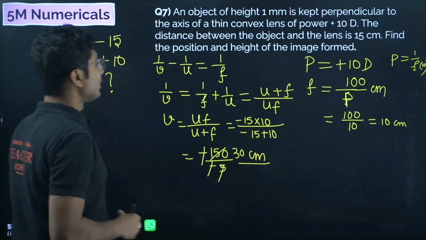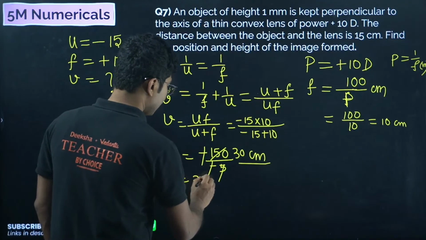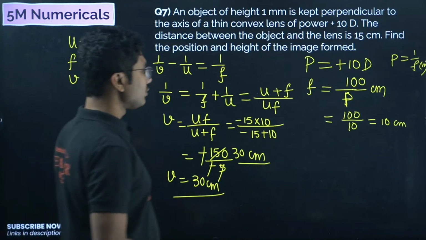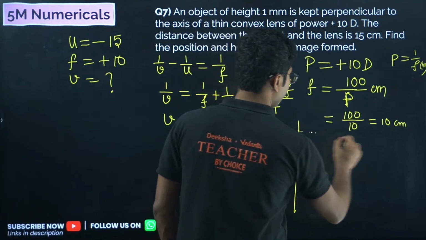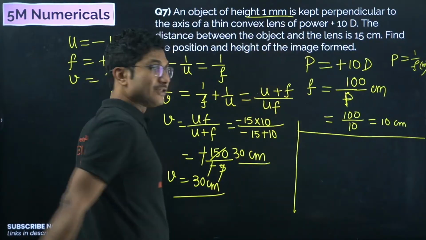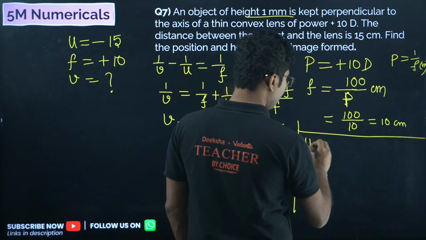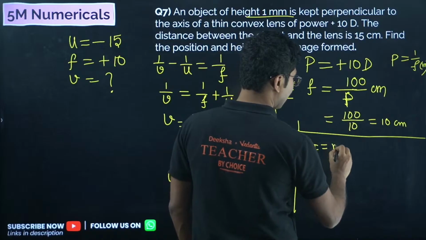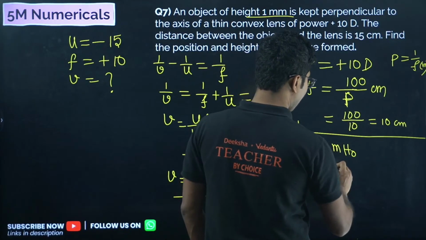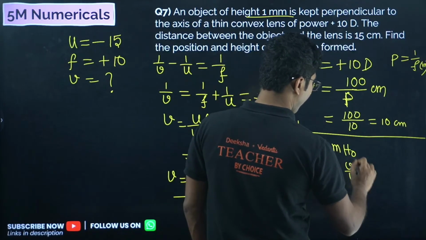So the position of the image is 30 centimeter. What about the height? This problem is not over yet, you have to find the height as well. The initial height of the object is given as 1 millimeter. The height of the image is given by magnification times height of the object. Magnification is v by u.